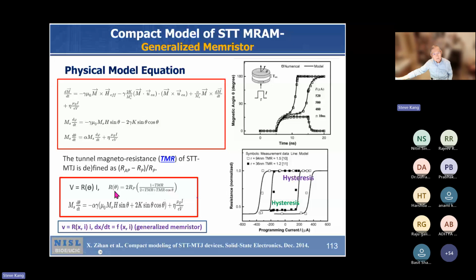The state variable theta follows d theta dt equal to this nonlinear function. So this is a memristive device in that regard: V equals resistance times I, where the resistance depends on the state variable theta, and that state equation is described by this highly nonlinear function. So in that regard, this is a generalized memristor, and this shows a hysteresis curve for that STT-MRAM.